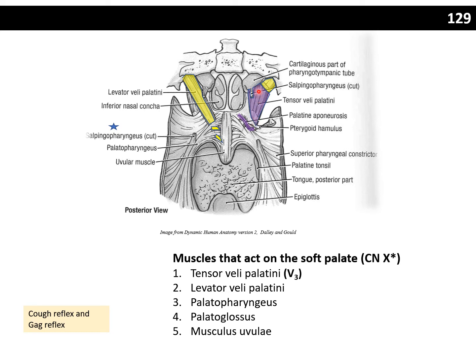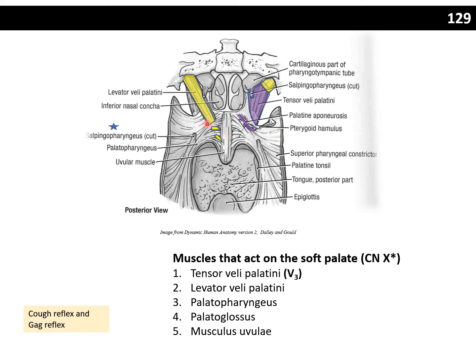Now, the tensor veli palatini and the levator veli palatini both attach to the eustachian tube or the pharyngeal tympanic tube. They both attach there. And then the tensor veli palatini goes around the pterygoid hamulus to attach onto the soft palate. And so in doing that, it tenses rather than participates in the, I guess, more drastic elevation of the soft palate.